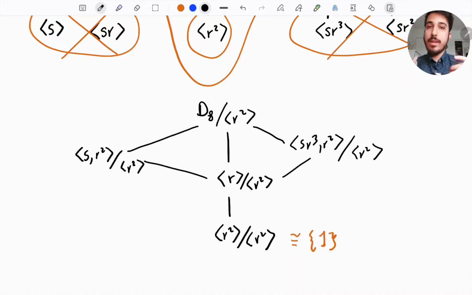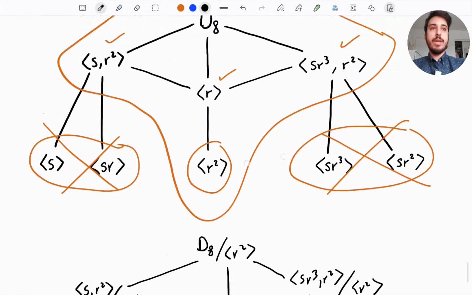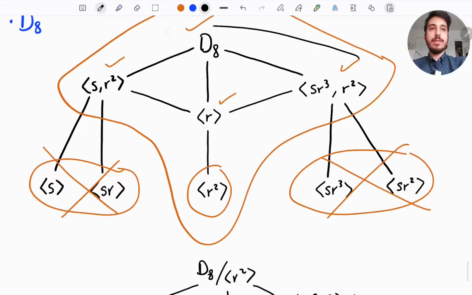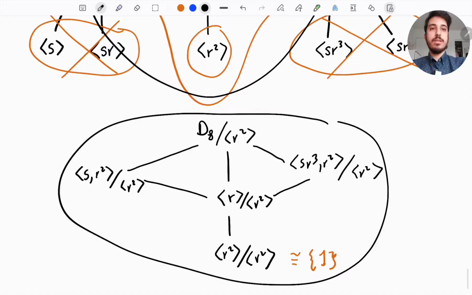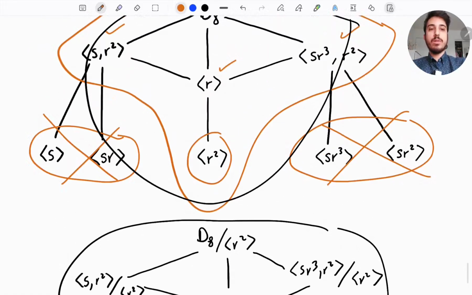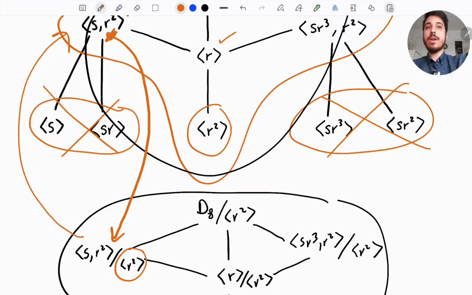So using the correspondence theorem, I am confidently able to draw this lattice and tell you there is a one-to-one correspondence between each element in this lattice here and each element in the lattice here. And the one-to-one correspondence is simply taking this element here, for example, giving you the coset with R2. And the inverse map, of course, is well defined as we have already said.